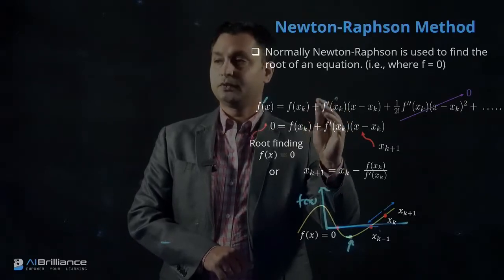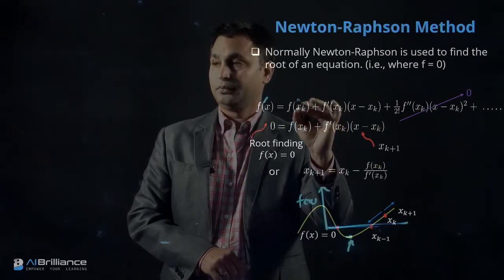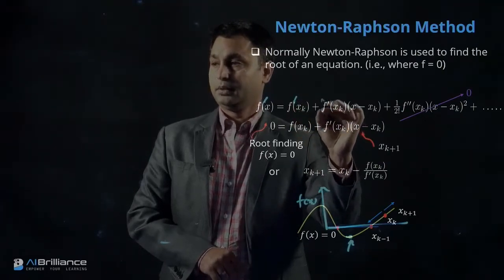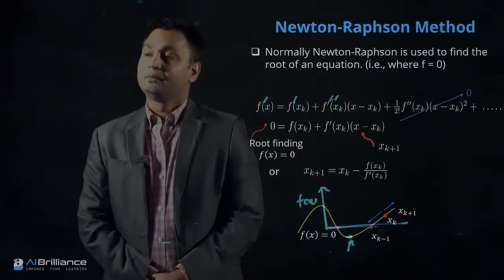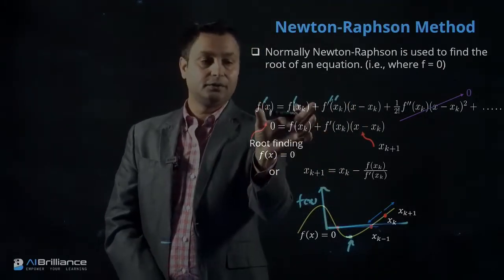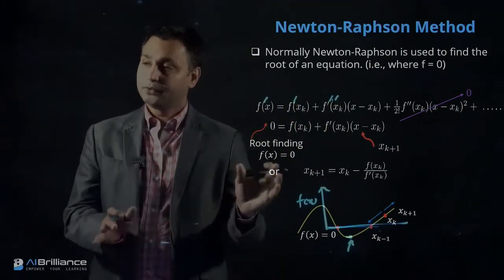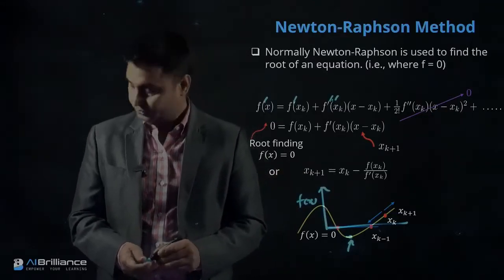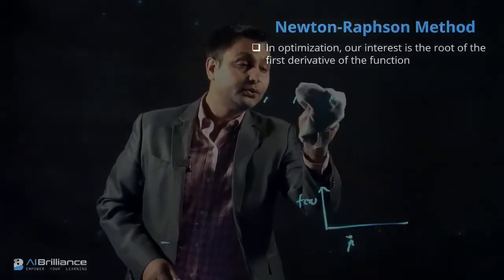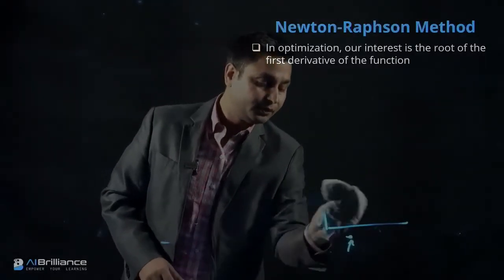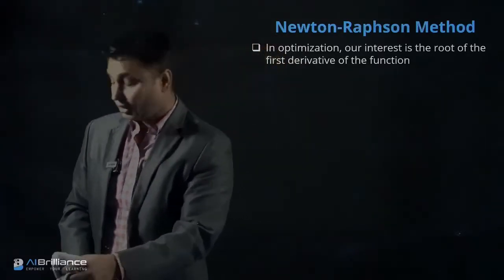If I take a derivative of this function and neglect the higher order terms, we will have a single derivative here and a double derivative here, right? Keep this in mind, and we will use this information in the next slide. So let's move on to the next slide and see how we can use the Newton-Raphson method, which is used for root finding, to find a solution of the optimization problem.